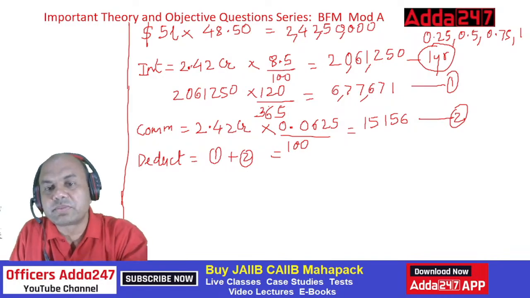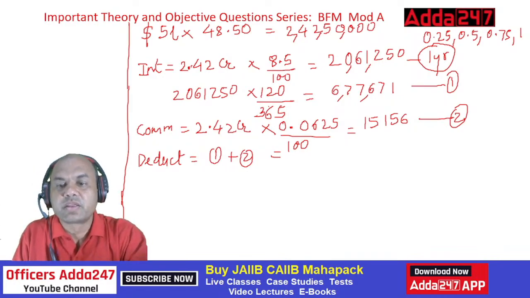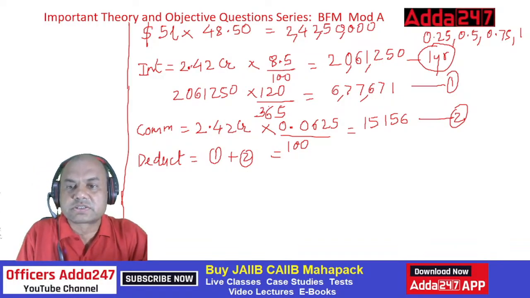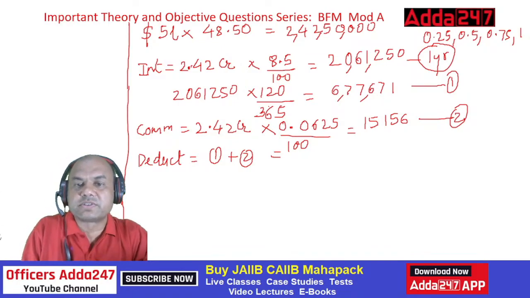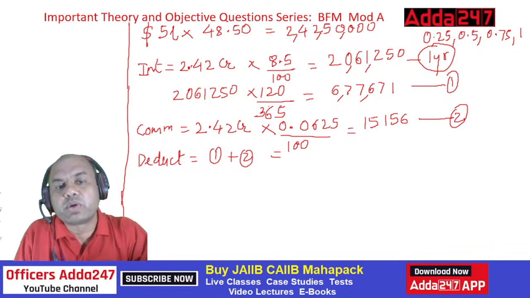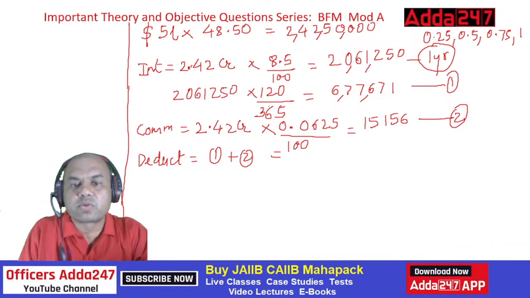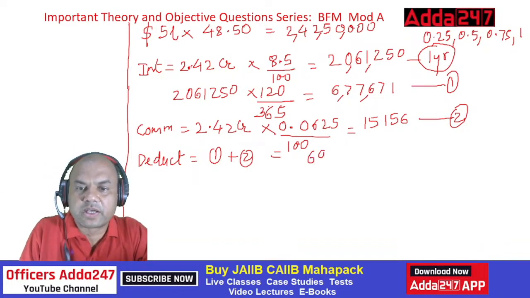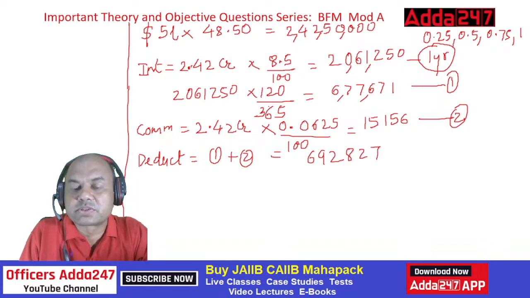What is 1 plus 2 now? 677,671 plus 15,156. So it is 692,827. This much amount is to be deducted.